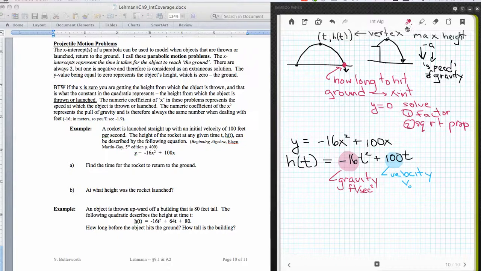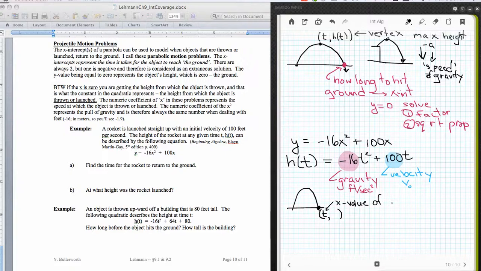All right, so what I'm going to do now is find the time for the rocket to reach the ground. If I want to know how long it takes for it to go up and come back down and hit the ground, that's wanting to know the time of this x-intercept. So I need to know the x value for this x-intercept.